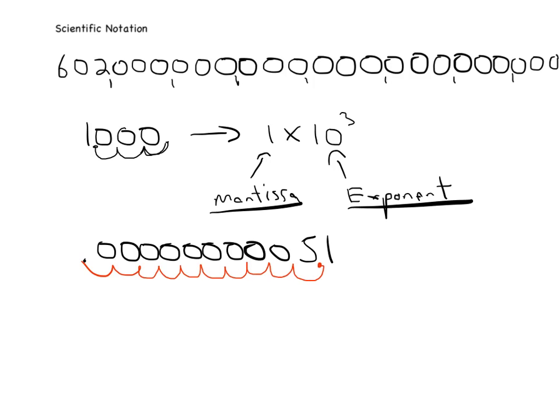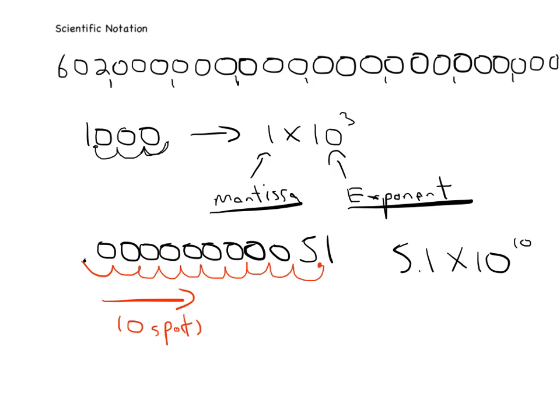And I stop there because now I have 5.1. And I moved the decimal point 10 spots that way. So then my number will become 5.1 times 10. And since I moved it 10 spots, it's going to be 10 to the 10th.